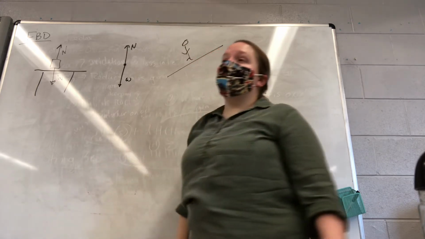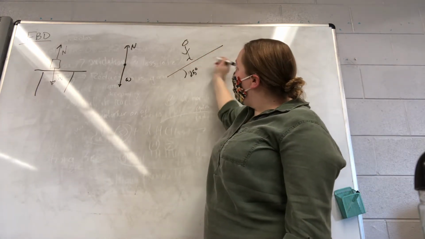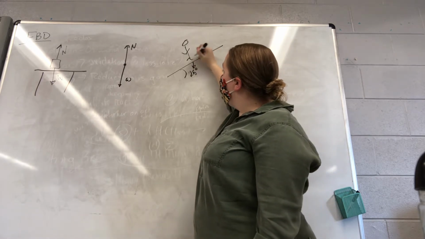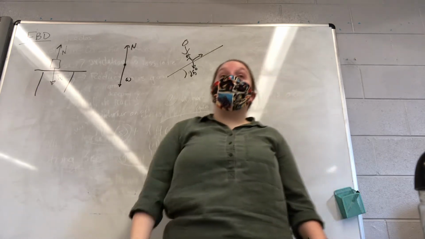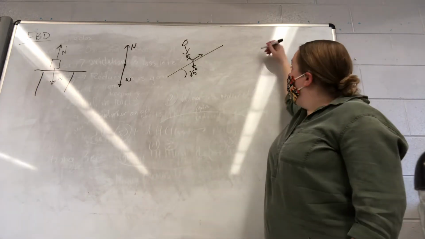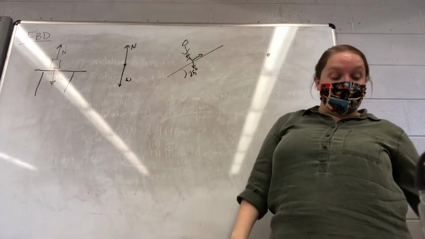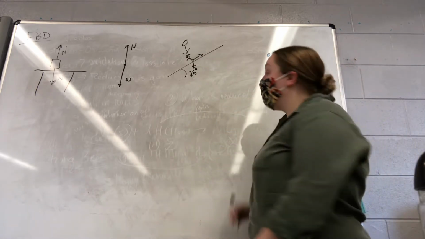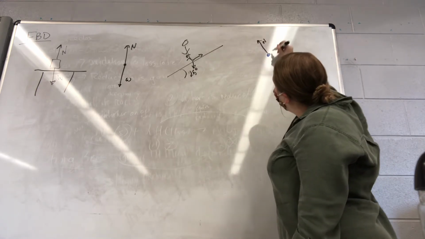sledding down a hill. The angle at which this person is sledding is going to have to do with a couple of different things. We're going to have some forces that we have to look at in this particular sense. If we take this situation and move it over to a free body diagram, it may be your impulse to draw things the way that you see them in the diagram.